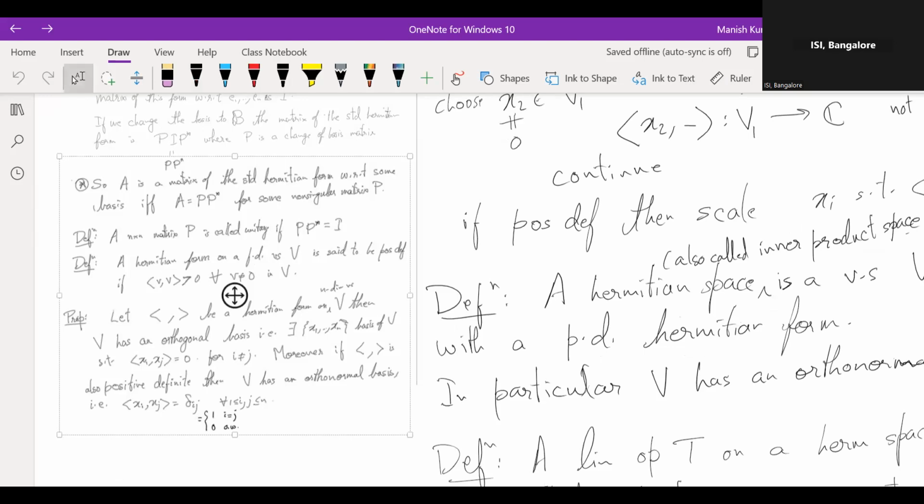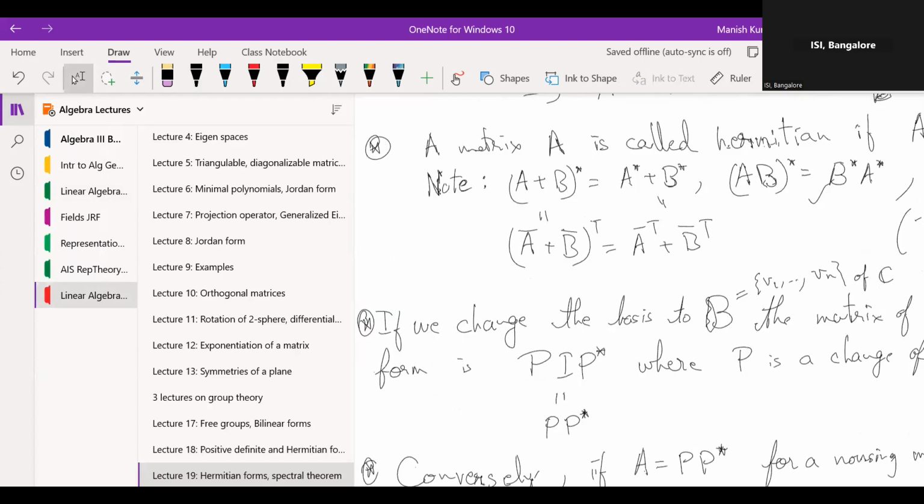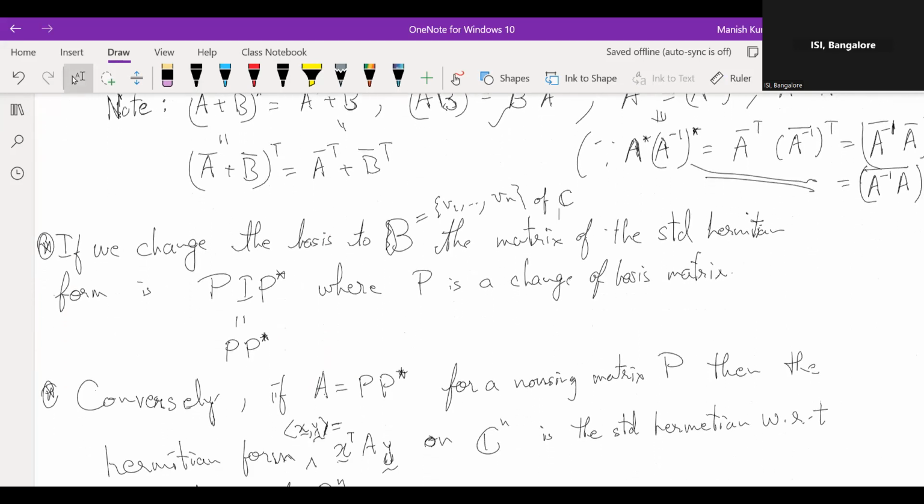The matrix of the standard Hermitian form with respect to the new basis is going to be P star, where P is some non-singular matrix.